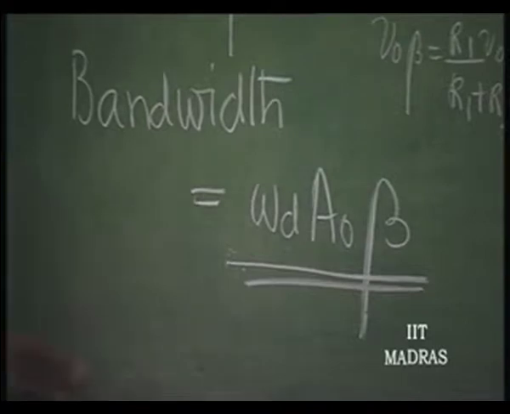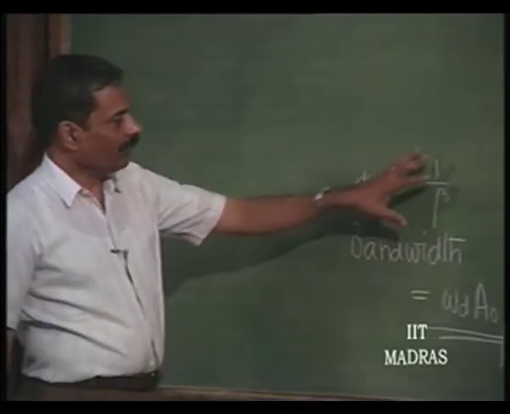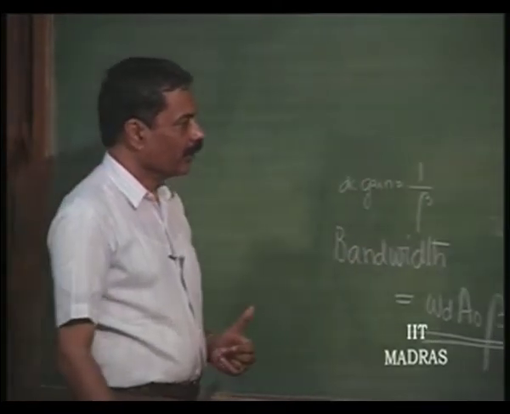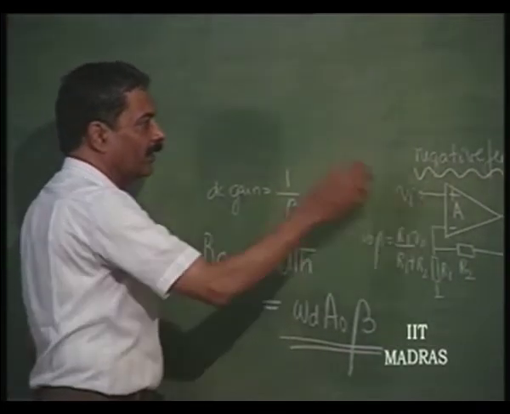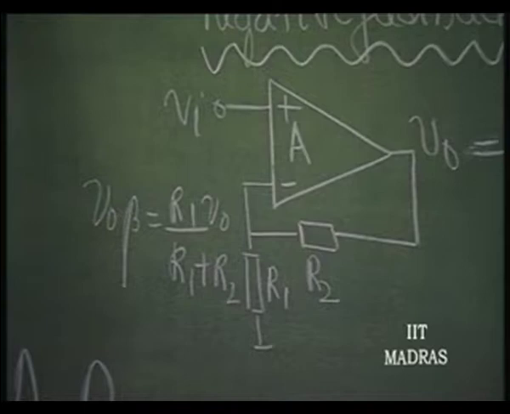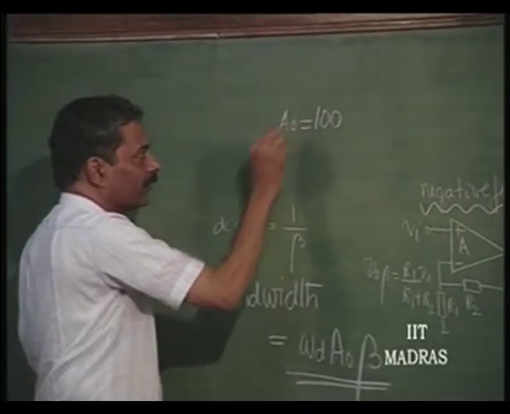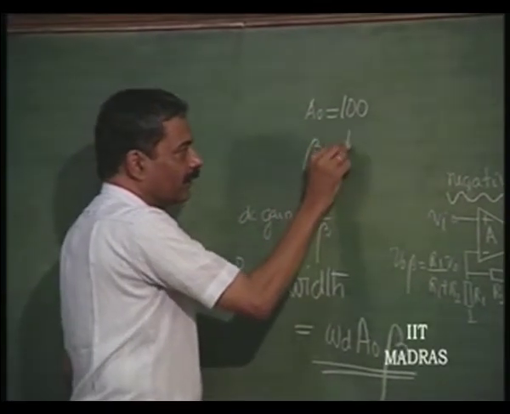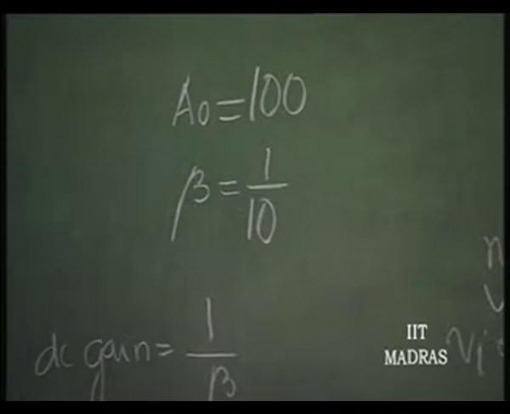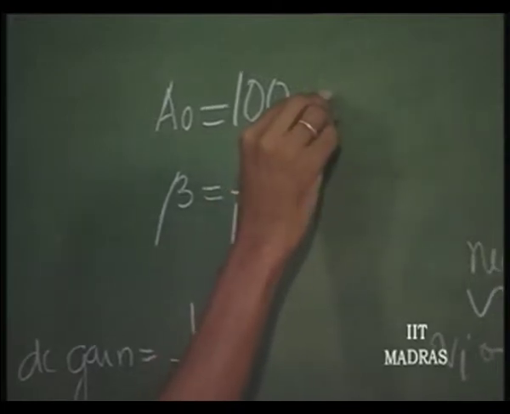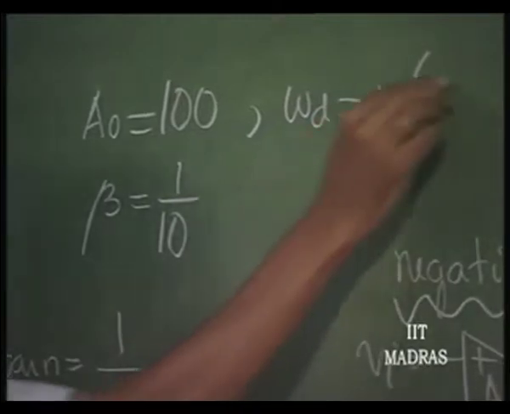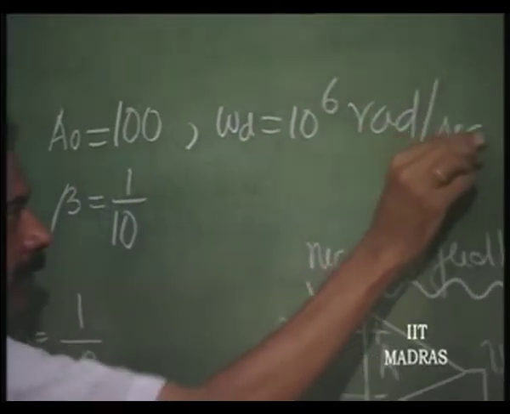So, let us say I have designed an amplifier whose gain is 10 using an amplifier whose gain was 100, let us say A naught was 100, and I am designing an amplifier with a gain of 10, that means beta is 1 over 10. So, then the bandwidth, let us say, is 10 to the power 6 radians per second for this.